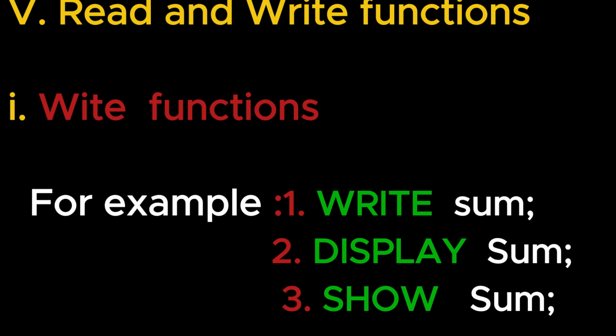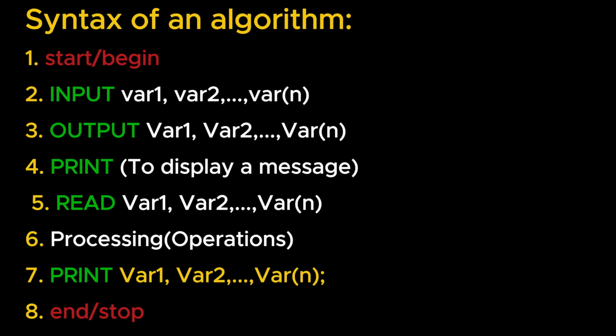As I told you, before we finish our session, let's see the syntax of an algorithm. The syntax of an algorithm is as follows. An algorithm must start with the begin or start keywords. Then to input you can use the input keyword. For example, input num1, input num2, and so on.